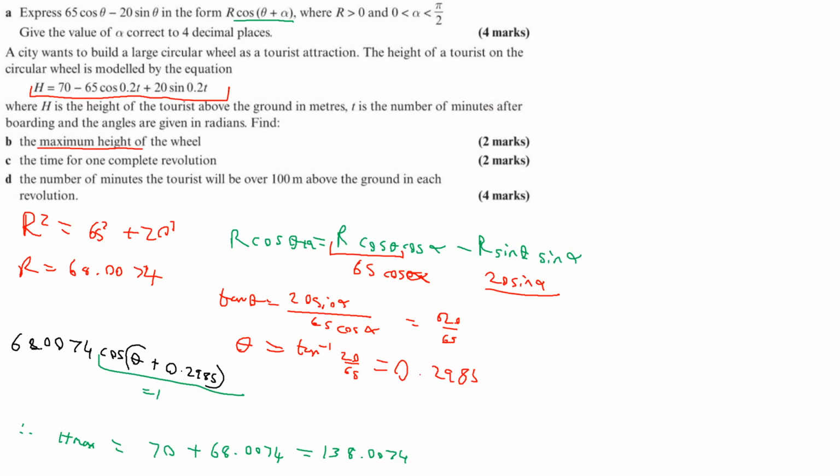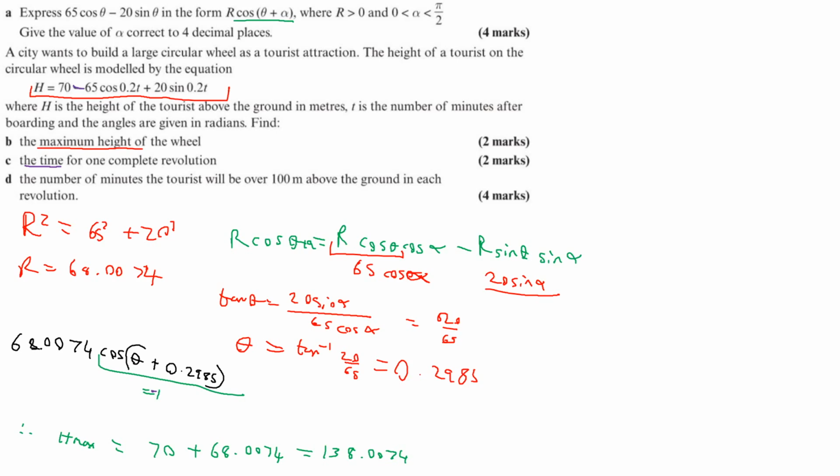Now, the question now is, what is the time for one complete revolution? What we're going to do is we're going to work out what the inverse is when cos is equal to -1. Sorry, it's minus because this is a minus and a plus, and this is a plus and a minus.